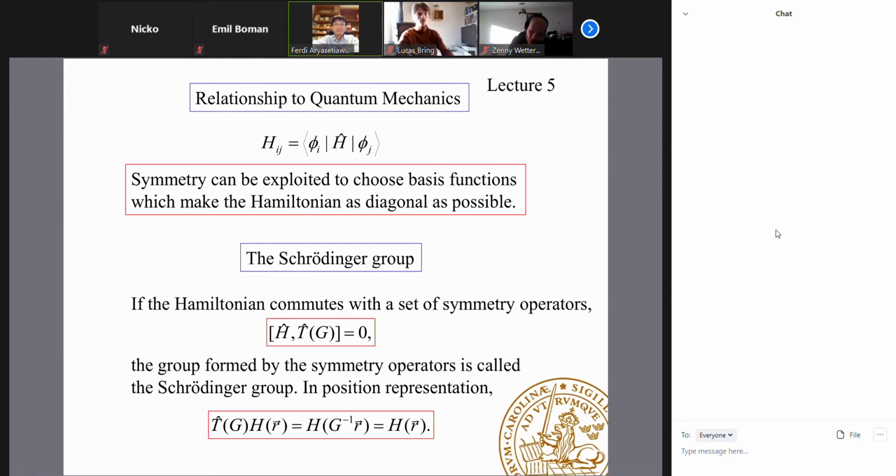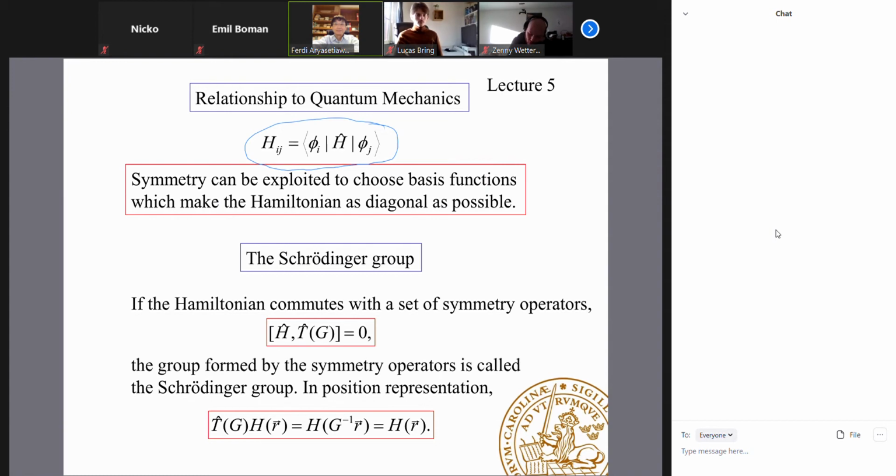So we, for example, want to calculate matrix elements of the Hamiltonian. This is a typical case where we want to exploit the symmetry of the Hamiltonian. So we want to calculate such matrix elements in some basis, phi i and phi j.